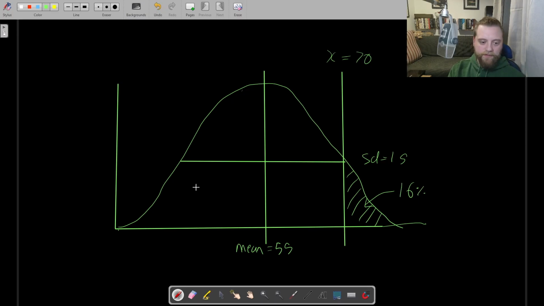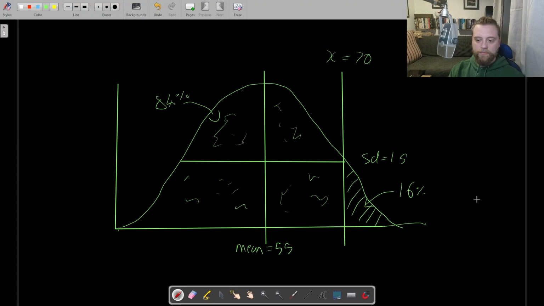Now that, of course, means on the other side that this area, the whole rest of the area under the curve, well, that is roughly 84% of the distribution. So just by specifying this cut point, it's going to tell us the area above this. Now we can, of course, calculate this.